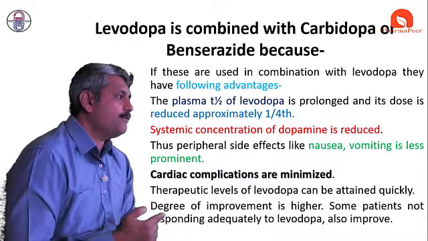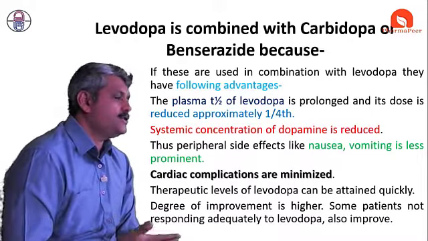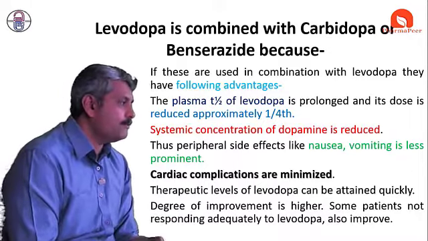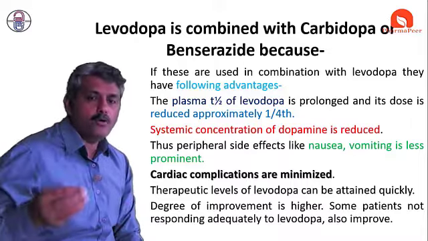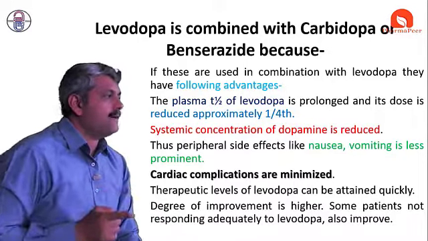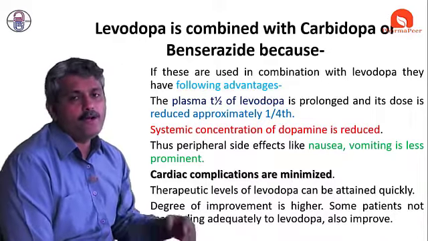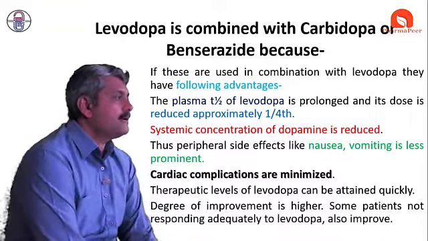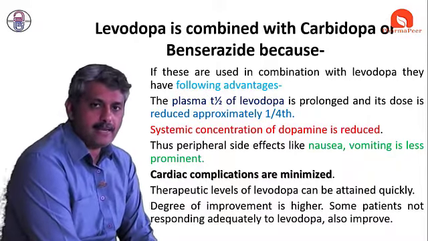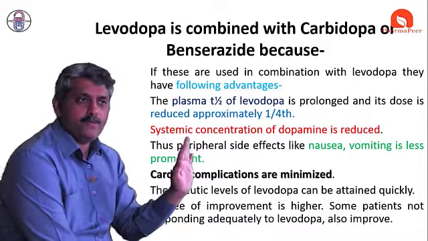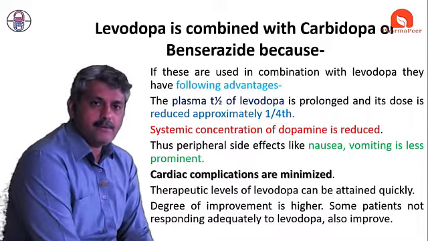As the degree of improvement is higher, the patient shows a very fast response and good improvement with a low quantity of levodopa. So these are the reasons that we prefer the combination of levodopa with carbidopa or benserazide. This is one of the very important things, so many times it could be asked in the exam.